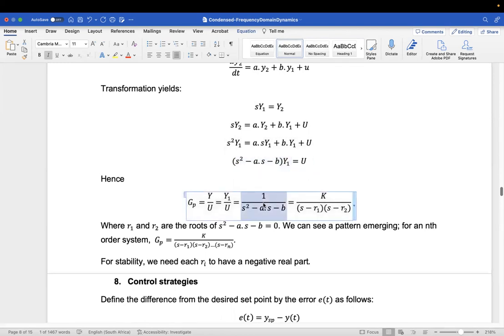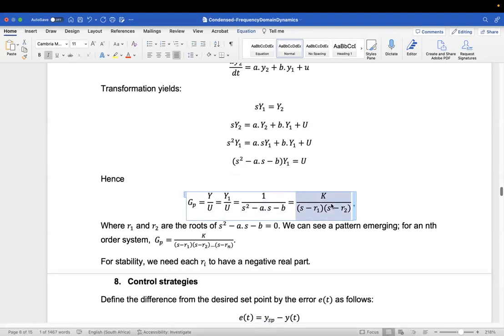So that's our transfer function. And if we look at this denominator, we recognize this simply as a quadratic equation. And so that's going to have two roots, r1 and r2. Okay, and so this is the standard form now of our second order process.